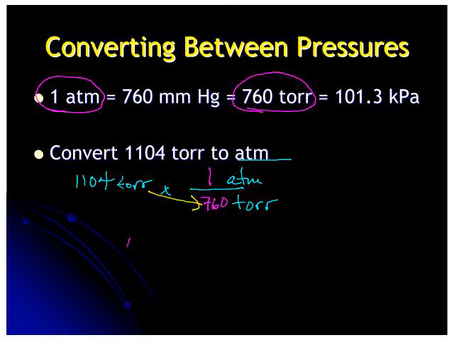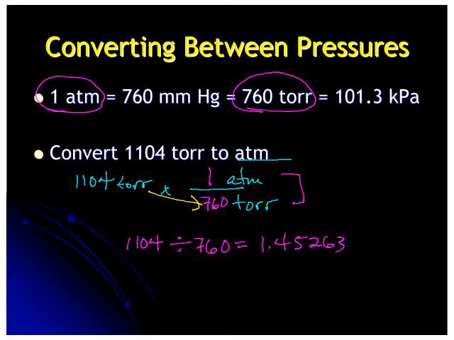So 1,104 divided by 760, and you punch that through in your calculator and you get 1.45263 and some numbers. These two measurements are exact, so that's not going to limit our sig figs.